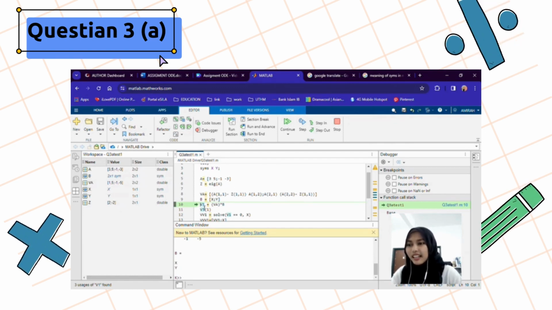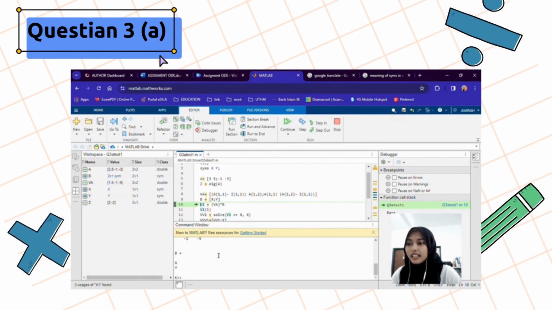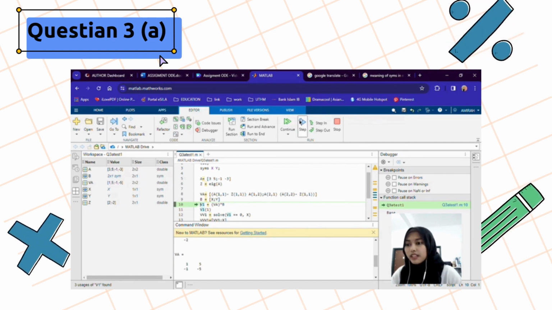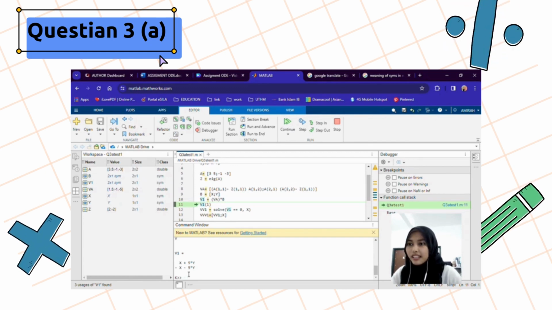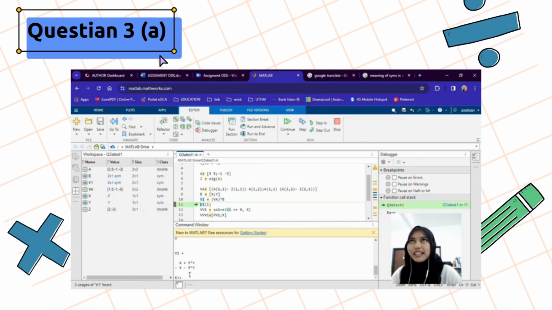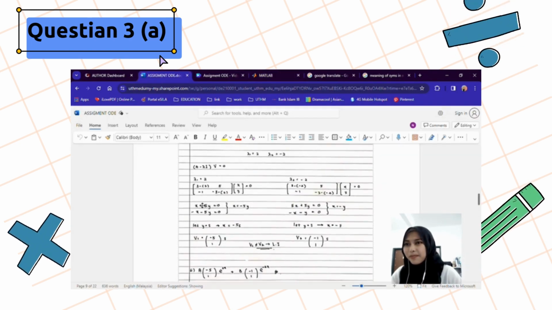And then I write v1 equals VA multiplied by b, which is I'm going to add x and y in this matrix form. So it will display like this, x plus 5y, negative x minus 5y, just like my answer here.